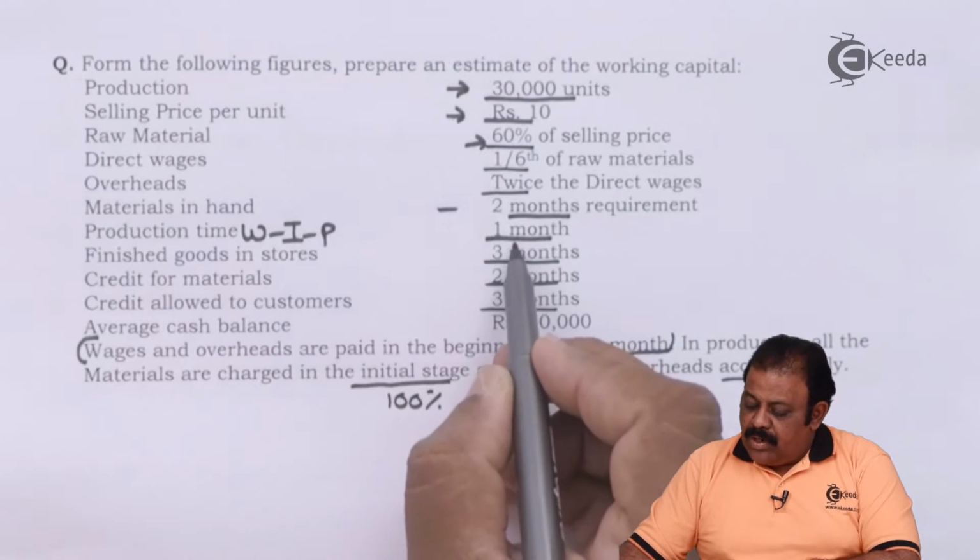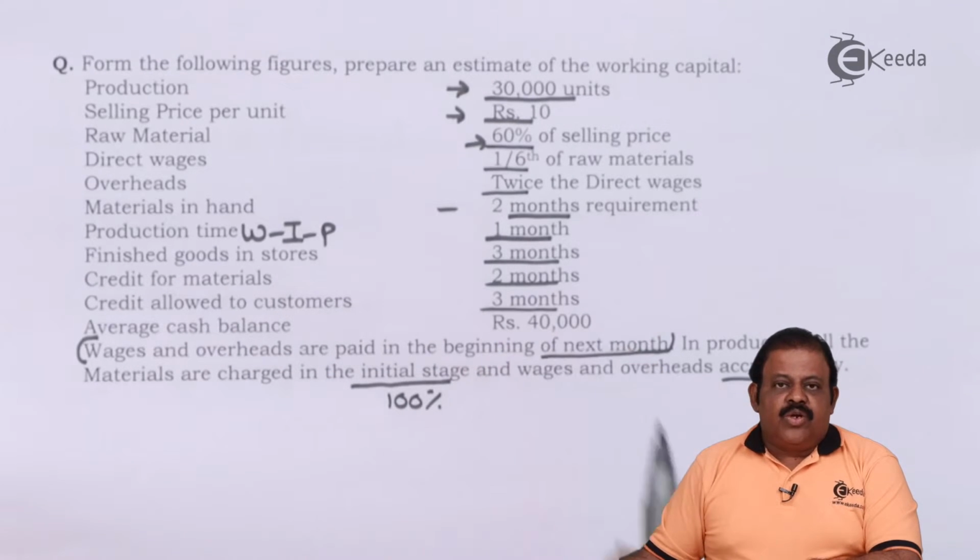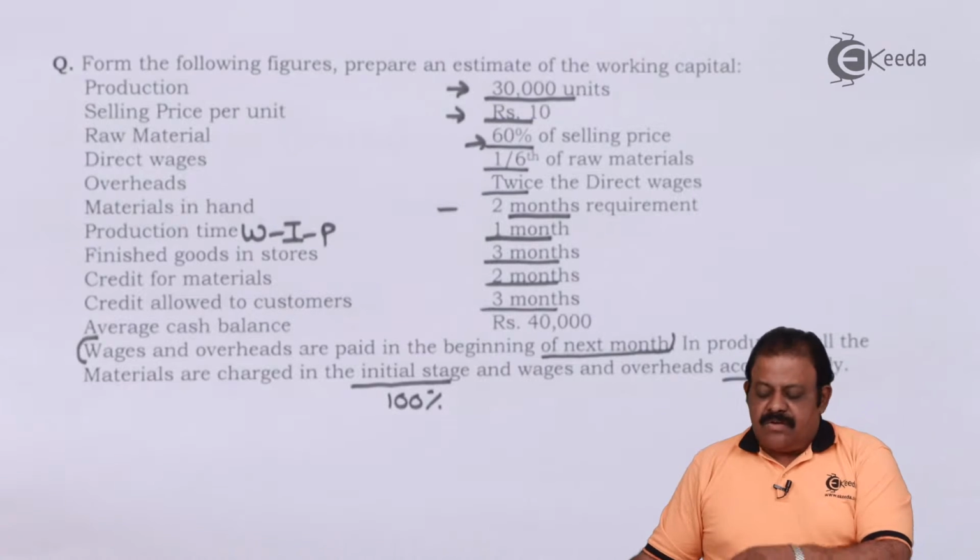Production time 1 month. That is information of work in progress stock.